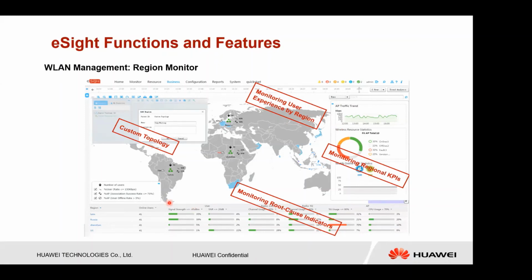And below here also you can see the user signal strength, how many online users are connected in that particular region. You can also check on the channel usage, on the channel 5G usage as well, and also the CPU usage. So basically there is a lot of information that you can include in this topology.